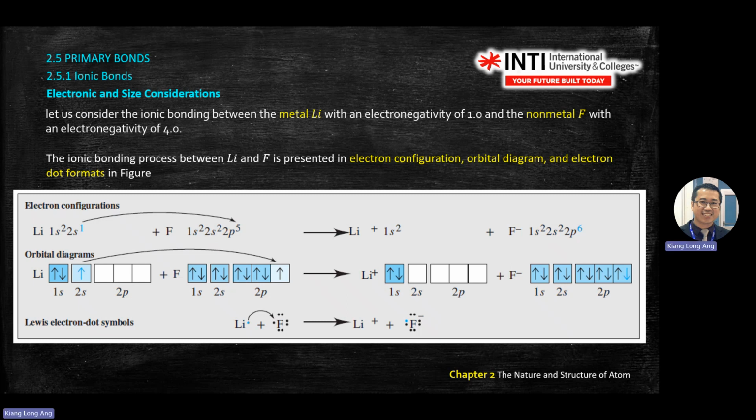But in our class, you need to know 2 more presentations, which are electron configuration, which you get from the periodic table with the small numbers that we presented before we started the class, and then the orbital diagram. So same, you write the electron configuration of Li, 1s2 2s1, from the periodic table, plus fluorine. So fluorine has this one, right?